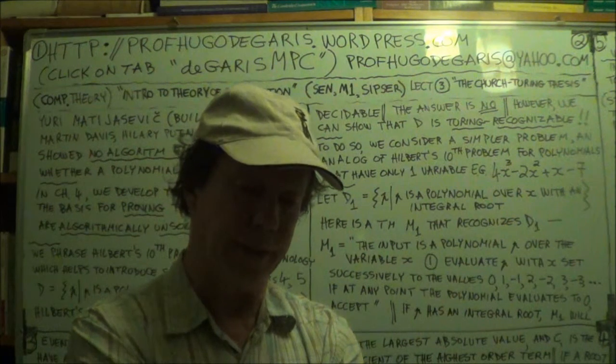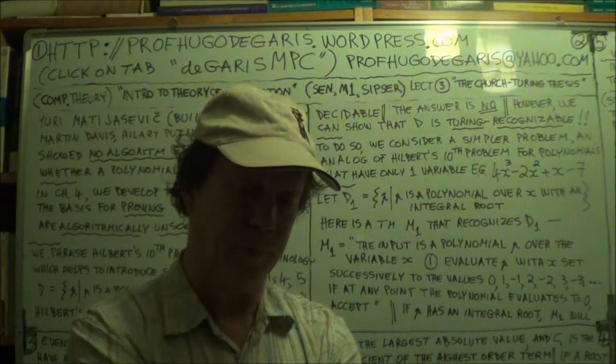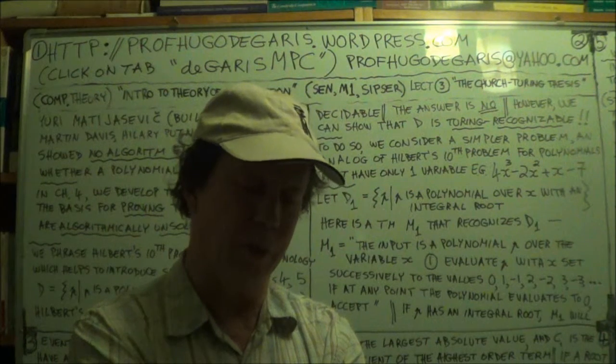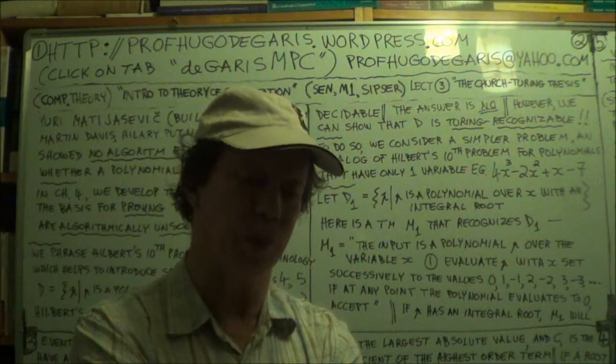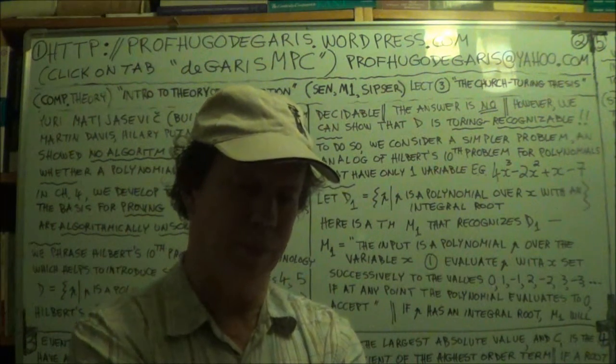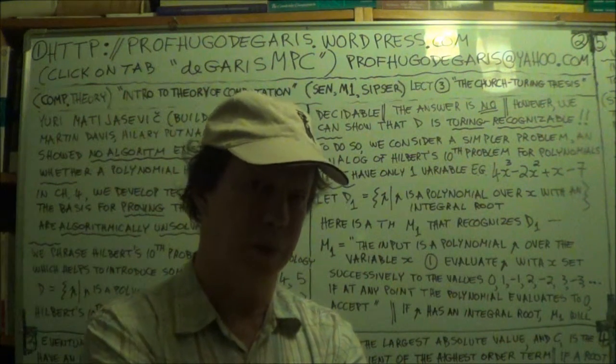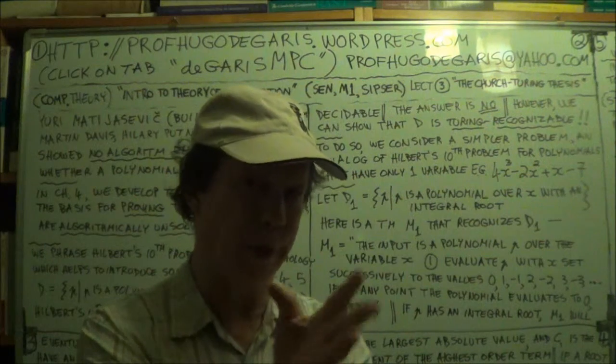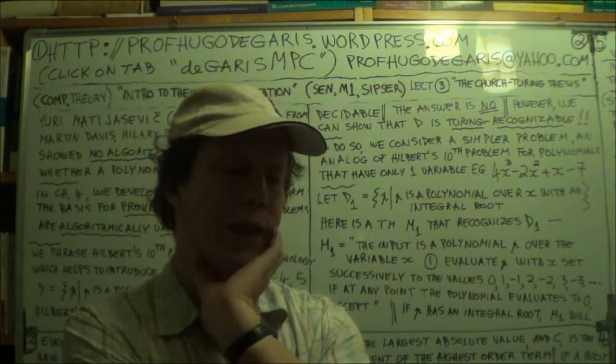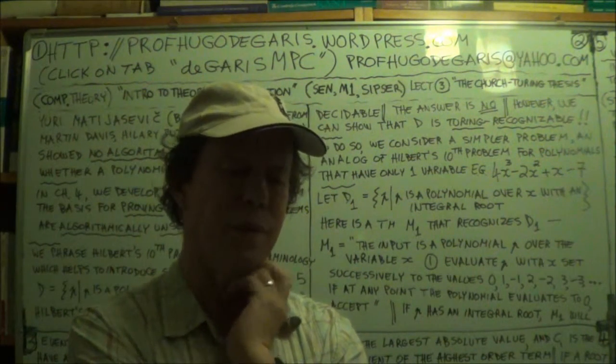So when we're trying to show that some language is not decidable, think about it, what's going on? If a language is not decidable, what does that mean?